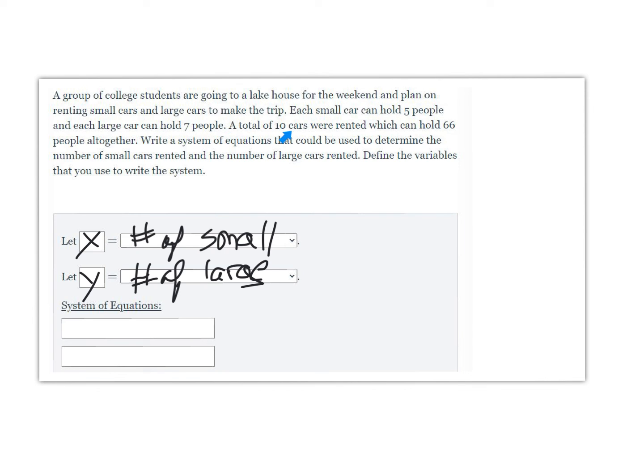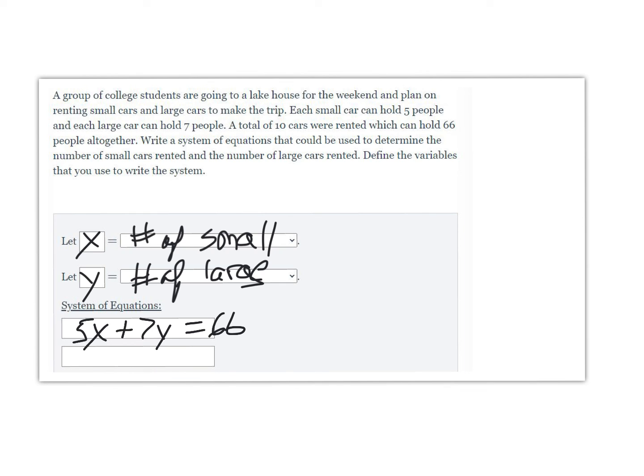And a total of 10 cars were rented, which can hold 66 people altogether. So here's what we know. We know that 5 times the small cars plus 7 times the large equaled 66.